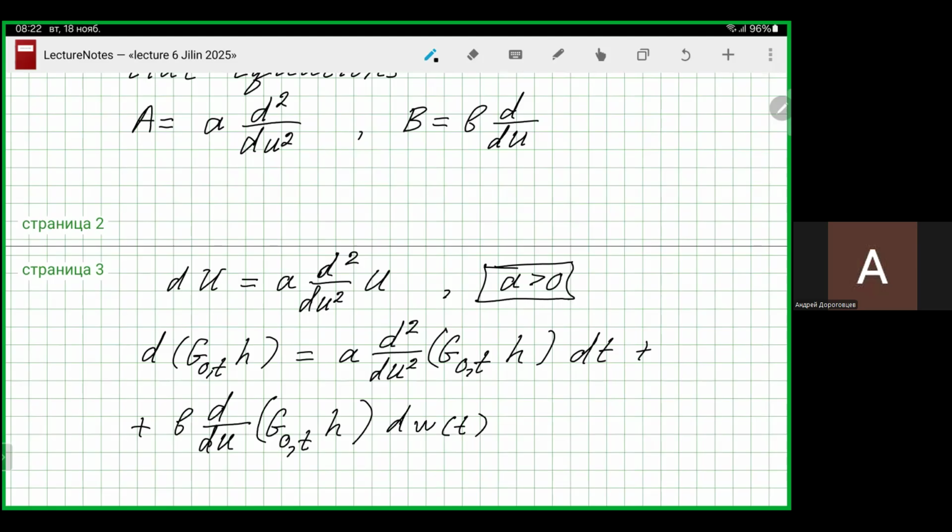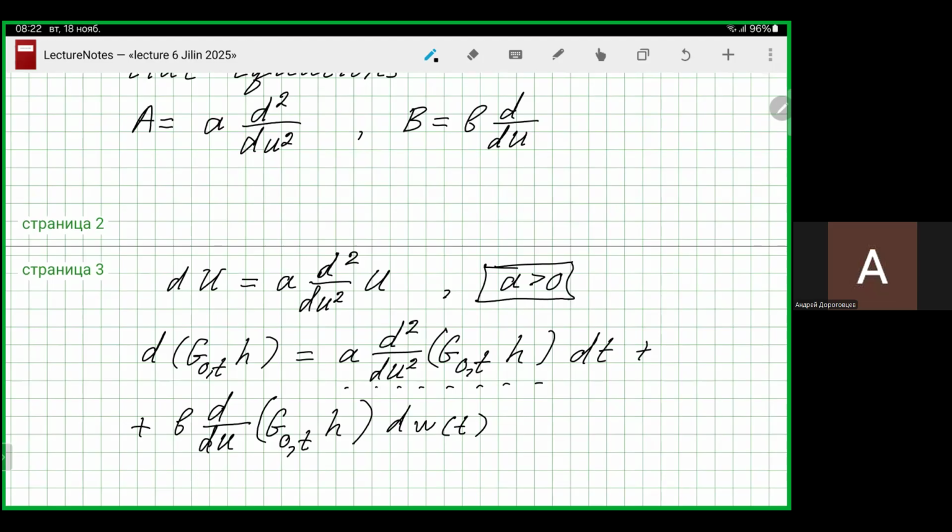And now let us think about this equation as a composition, in some sense, of two equations. One is related to the first term and the second is related to the second.